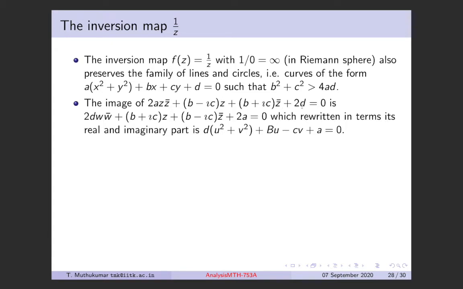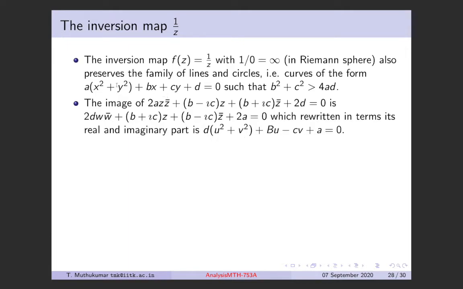Now what is the image of this? Suppose we are looking for the image, say w. Then w is such that 1 over w satisfies this equation. So if 1 over w satisfies this equation, then w satisfies this equation, which again, using the fact that w has a real part u and imaginary part v, you can write in terms of u and v.